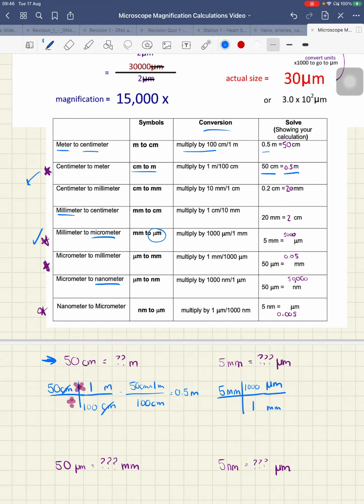Imagine taking your ruler, finding the smallest bit on that, and dividing it up by 1,000. That's a micrometer. It's a very small number. The units cancel out, and we multiply across the top: 5 times 1,000, divided by 1, gives 5,000 micrometers.